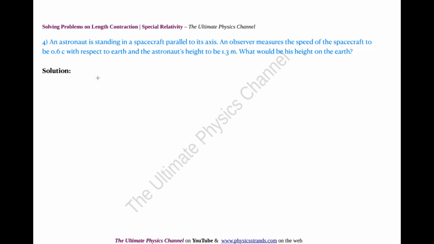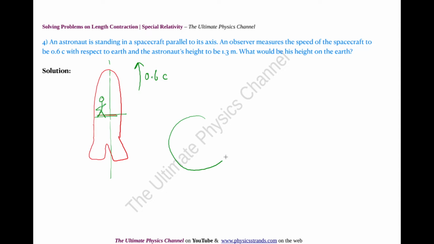So we have a spacecraft, let us say, and then the axis of the spacecraft is like this. It is parallel to the direction in which the spacecraft would move, and let's say there is some platform on which the astronaut is standing, and the spacecraft itself is moving at 0.6 times the speed of light with respect to Earth.